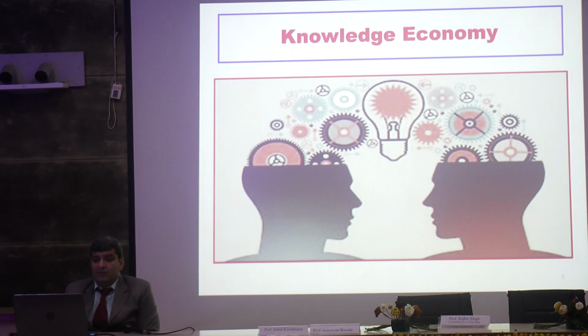Any economy which is dominated by knowledge is known as a knowledge economy. Previously, at the time of independence, the share of the agriculture sector in India's gross domestic product was up to 64%. At that time, the Indian economy was dominated by agricultural activities, so it was largely known as an agricultural economy.